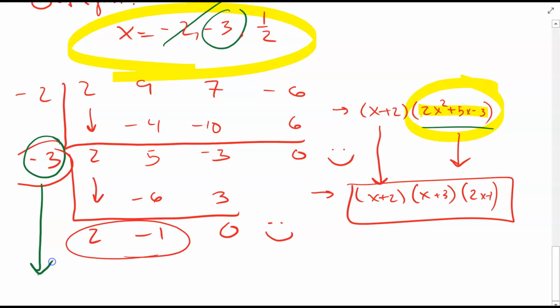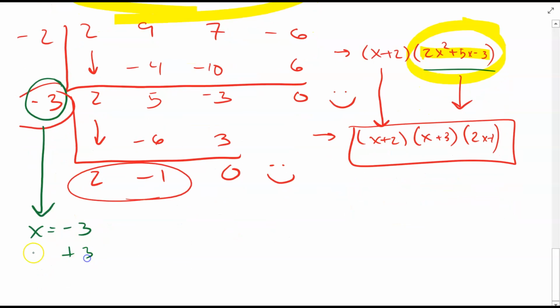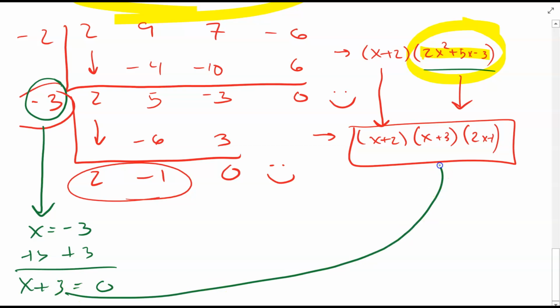Right. So why that happens is because really what we have here is x equals -3. And if I add 3 to both sides, I get the factor x plus 3. So that's why that's giving me the factor x plus 3 as opposed to x minus 3.